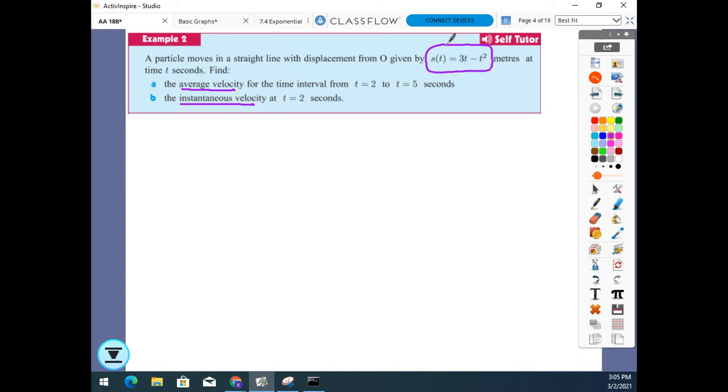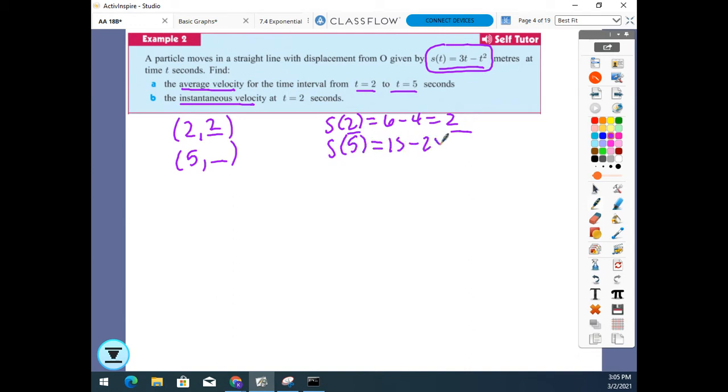So we have an equation. If I want to know the average from 2 to 5, I have to create 2 points. So that means I have to find my Y value, or my position. So what is S of 2? If I plug 2 in for my t, I get 2. So that coordinate point is (2, 2). Then I plug in 5. 3 times 5 is 15 minus 25 is negative 10.